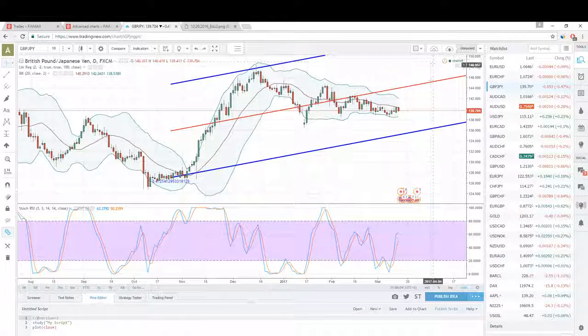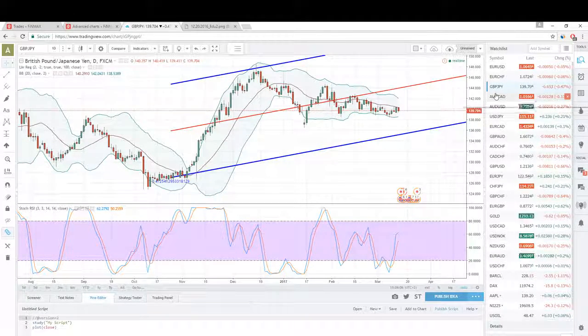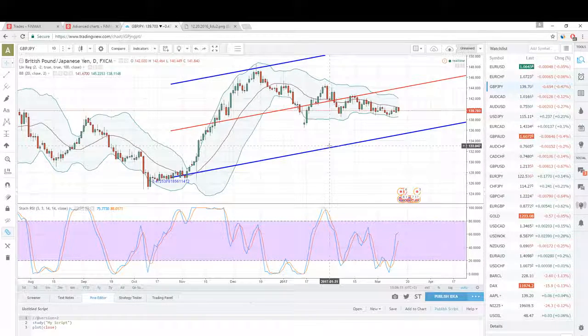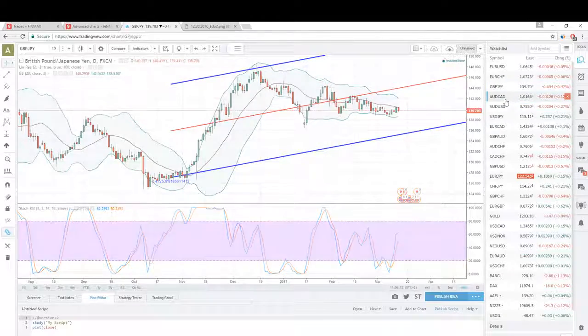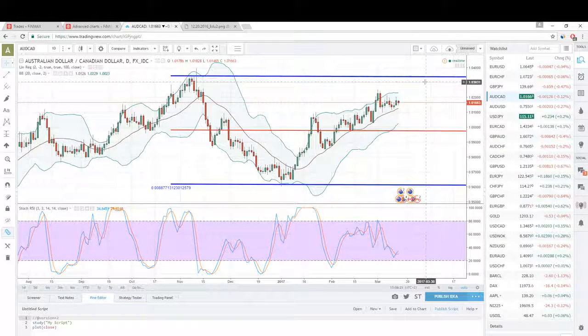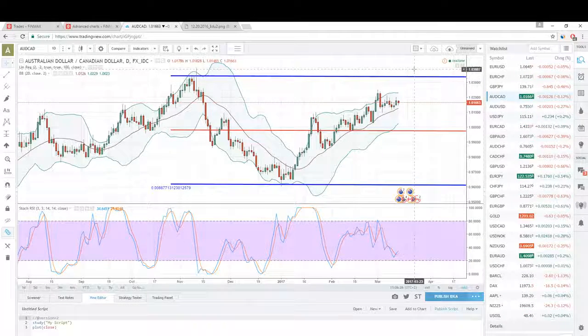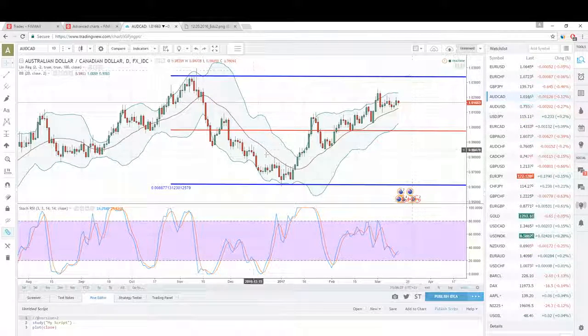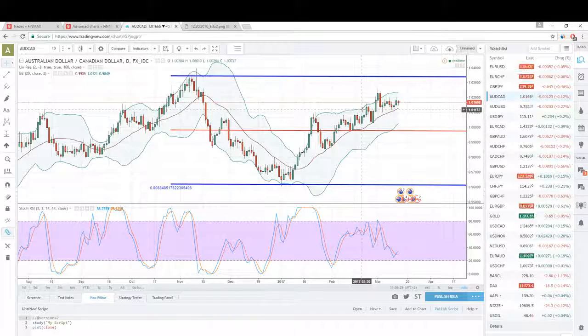As I said, when dojis appear after a long downtrend, it may show us the uncertainty of the sellers and the possibility that bulls will take control over the market and start to push prices higher.